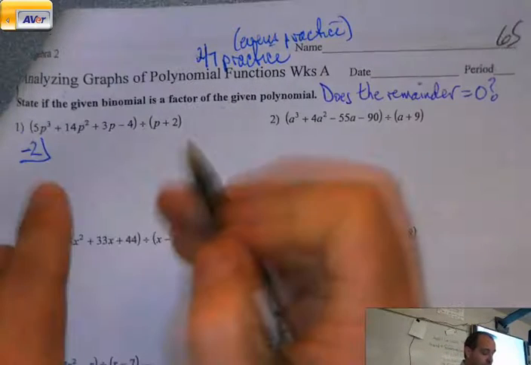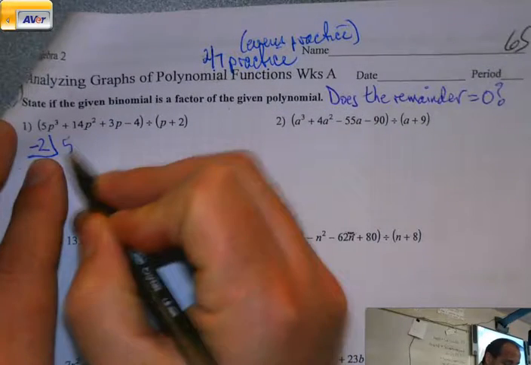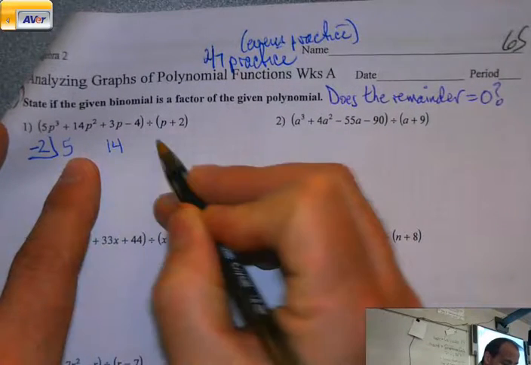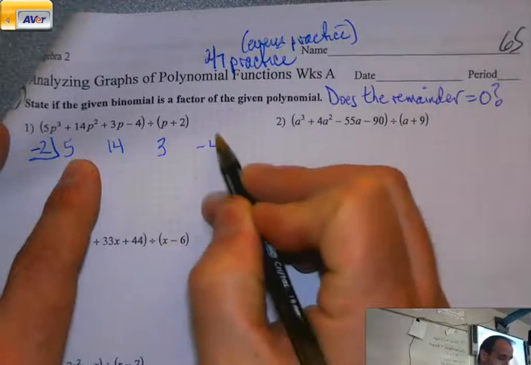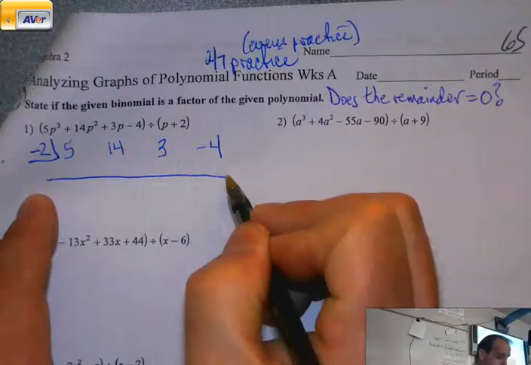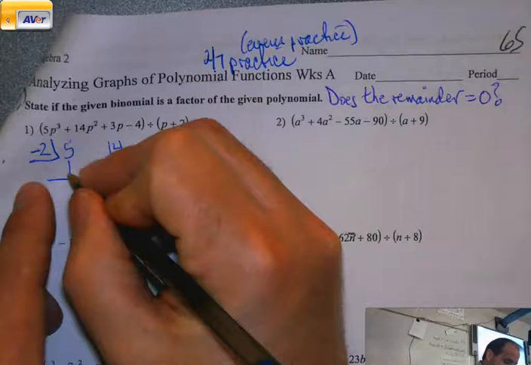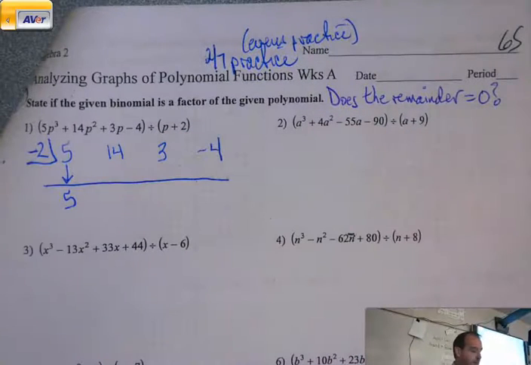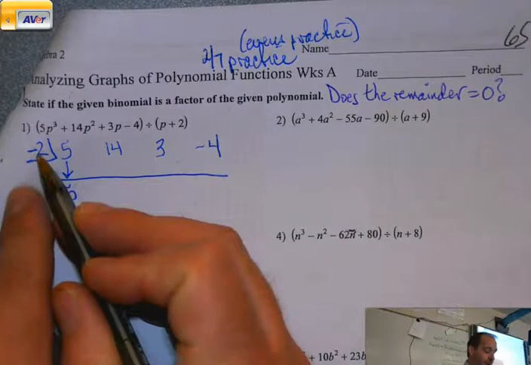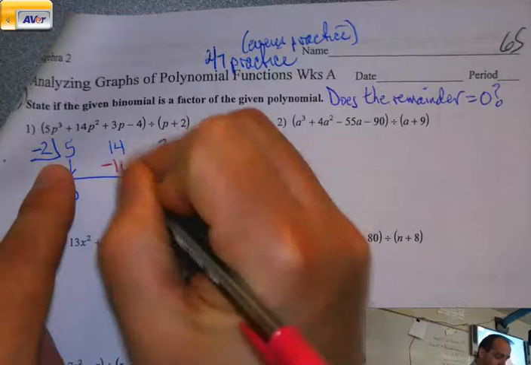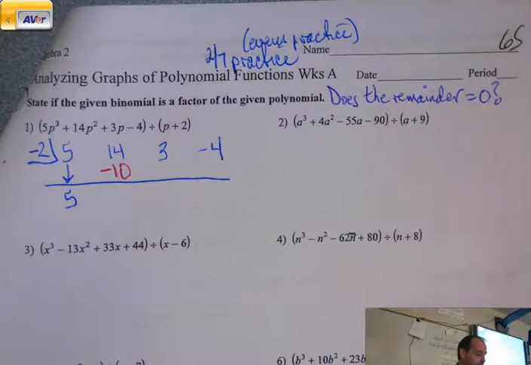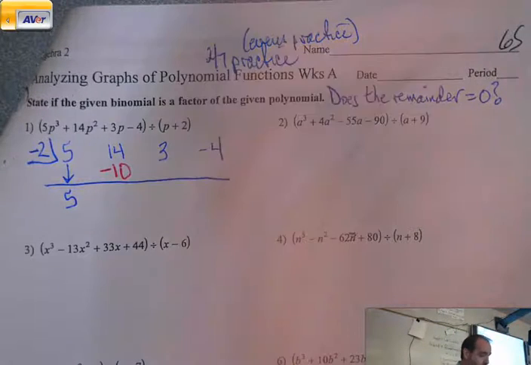So here we're going to switch the sign, and we're just going to copy all of my coefficients now. Okay, no variables. And then we start our synthetic division like we've done many a time already throughout this unit. So we bring the first term down, we take that value that's below the line, we multiply it by what's in the little box, and that goes in our next open slot. And then we just add down.